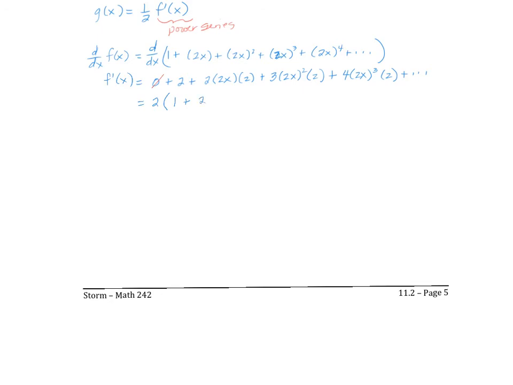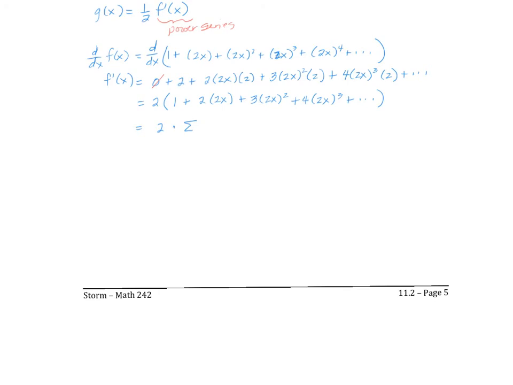I'll leave this 2 in the front and I'll cancel out the 2 in the parentheses on each one of these terms. 3 times 2x quantity squared plus 4 times 2x to the third, and so on. So I'm just looking at what's inside the parentheses and seeing if I can figure out a power series for that with respect to some k value.